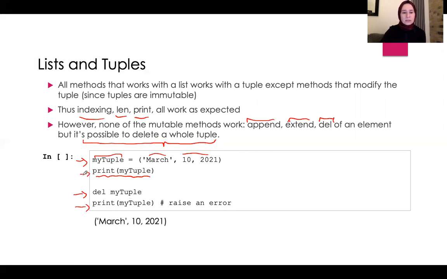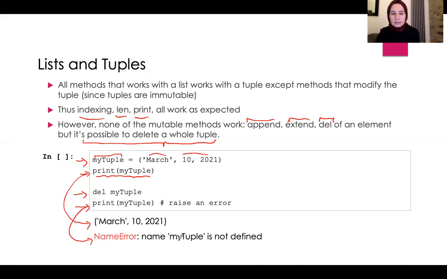So when you run this piece of code, the first one will print the content of your tuple. But the second one will give you an error, because my tuple no longer exists, so it will raise an error.